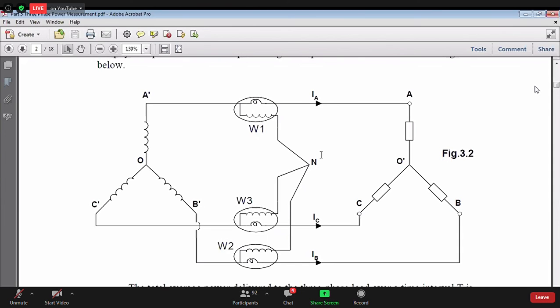The answer is very simple. It is like A, then the wattmeter, then the voltage between N and O prime. Is the connection open? No, it is not open. Look at the different lines. There are so many connections between N and O prime, but I can always take the net voltage between N and O prime, and then O prime to A. That will make a loop. 3 voltages, A, N.